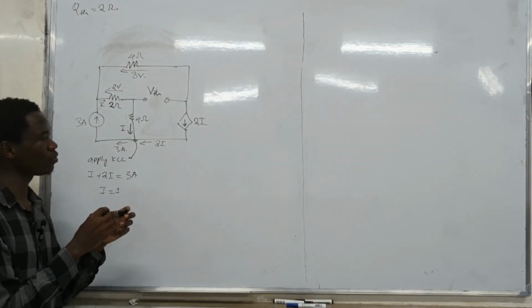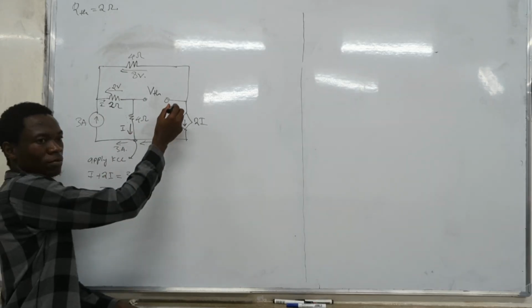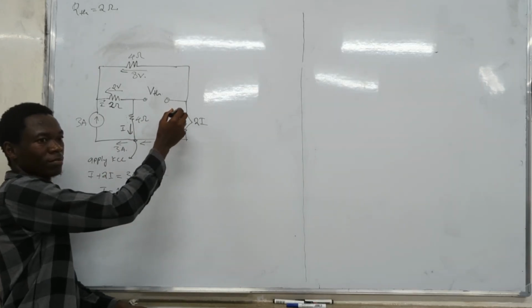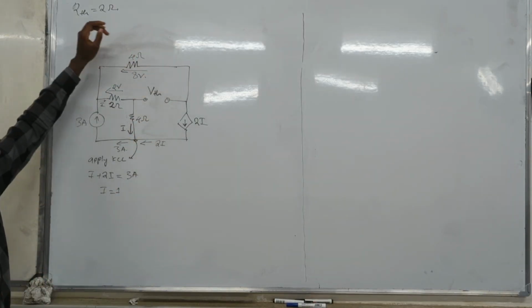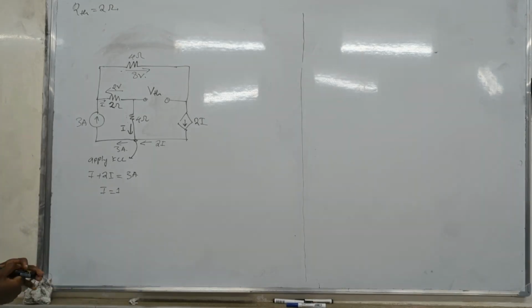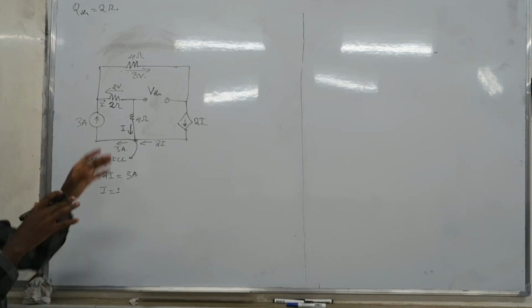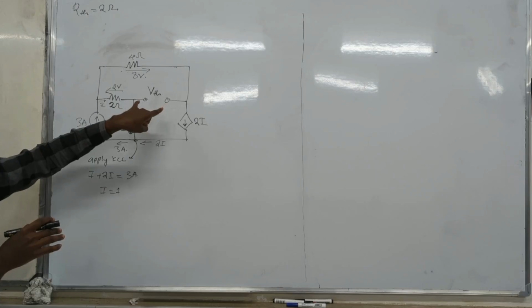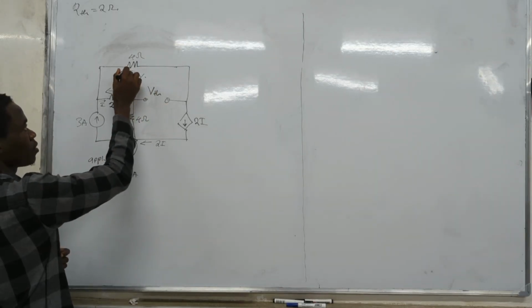But the best way of doing that is you walk. Let's say if this was like this, then you do what? You're just adding or subtracting. But walking will give you the actual direction of this voltage, without you making assumptions.